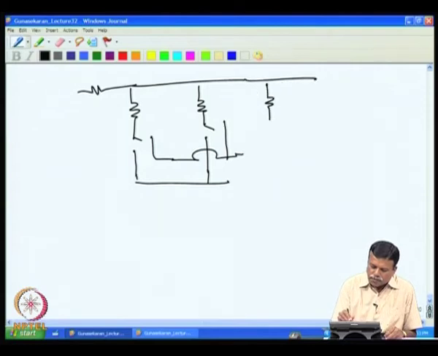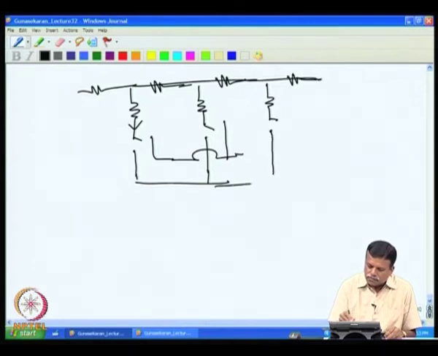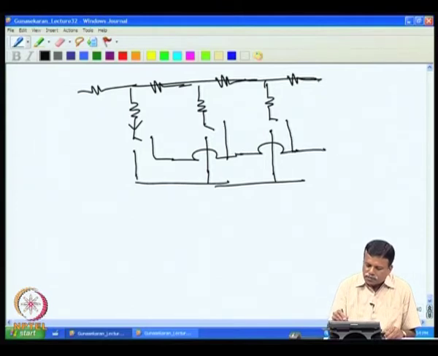For example, the current coming here can be combined here, and then the 4th bit's current can also be added here.